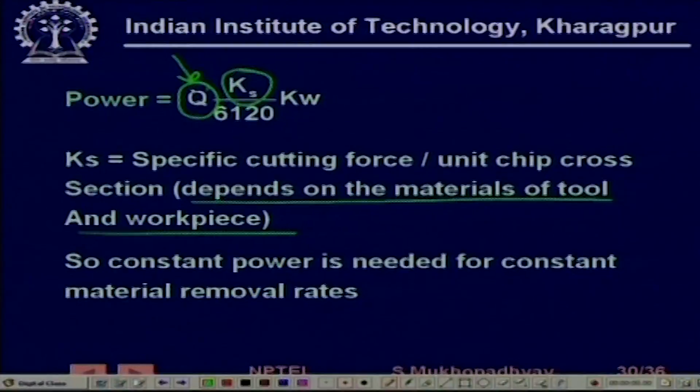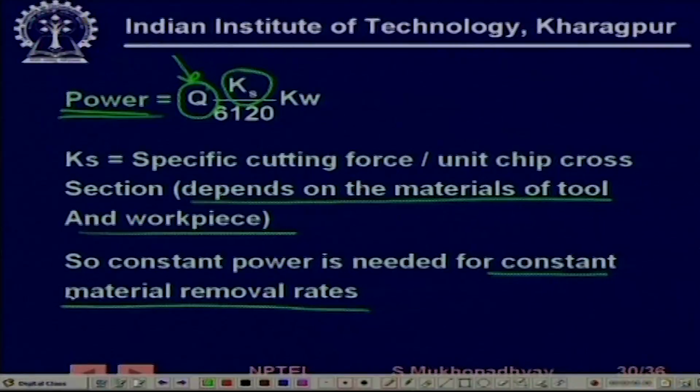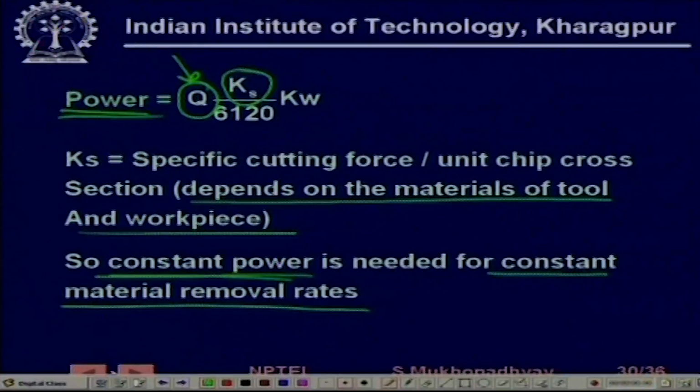So, in this case the power depends on the material removal rate. Therefore, for a constant material removal rate, which in manufacturing we are going to fix depending on the kind of production that we want to have, for the spindle drives we have a constant power requirement generally.